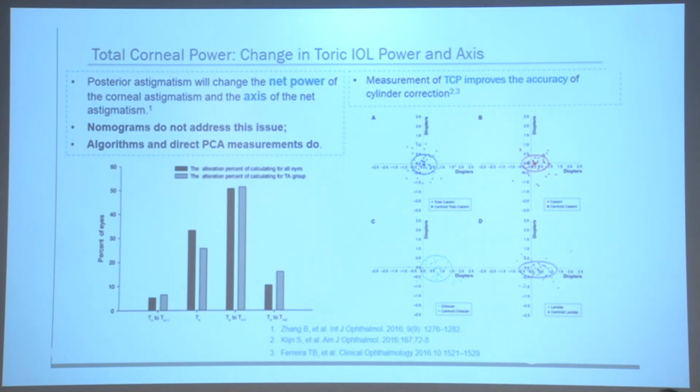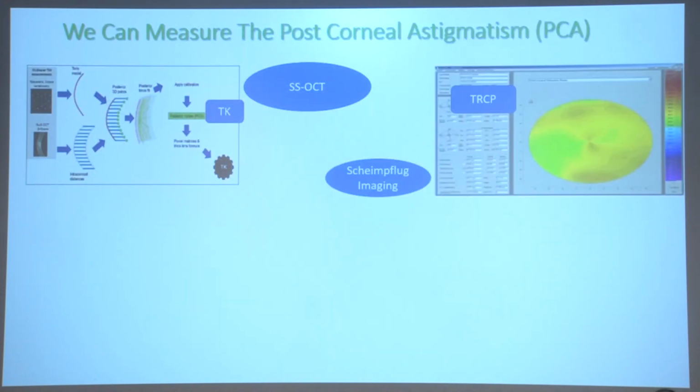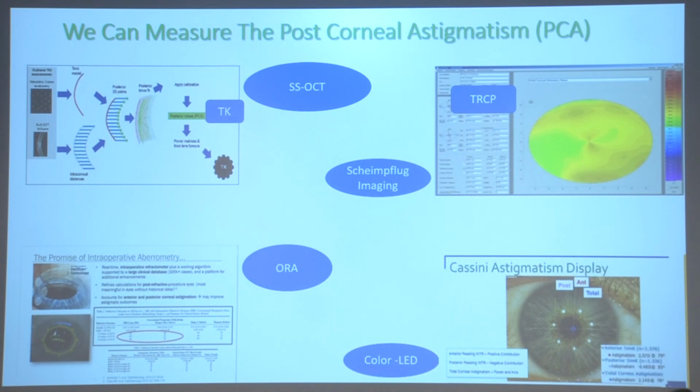So in 2016 we came up with the idea that you have to measure the total corneal power rather than rely on nomograms. For the next one or two years it was considered that the total corneal power is very important, and the IOL Master 700 was introduced and the TK value was introduced. So this was a booming time, because with so many machines we can measure the PCA.